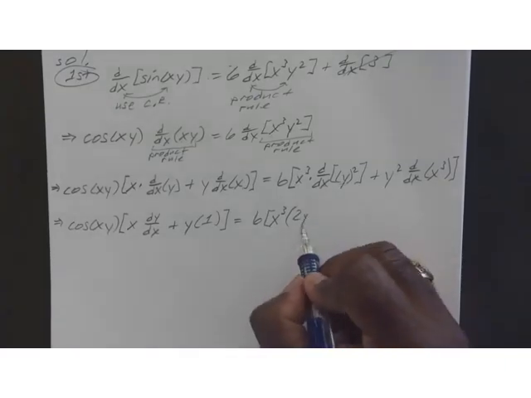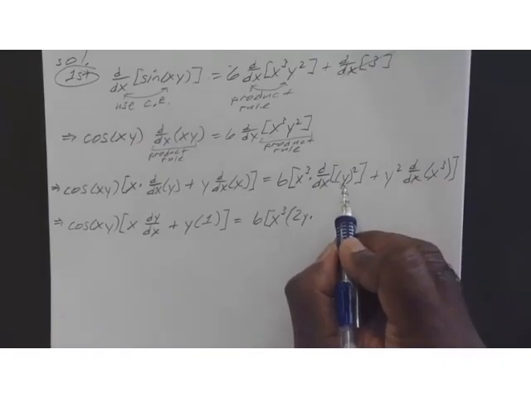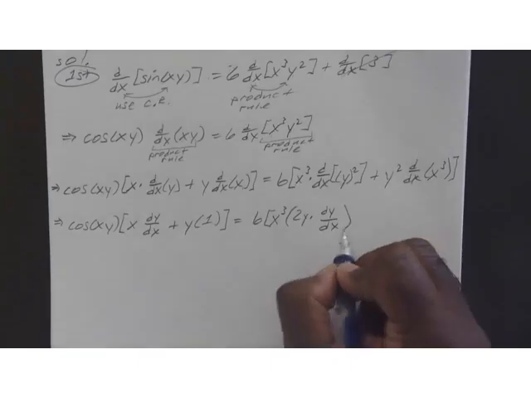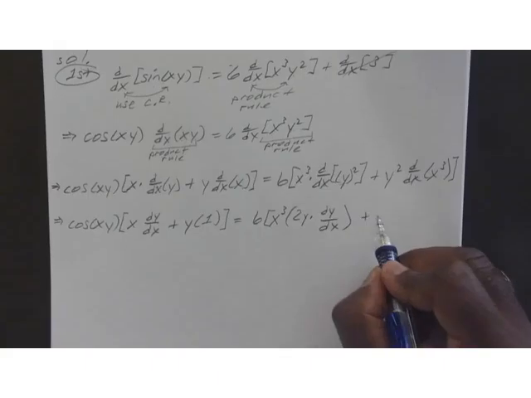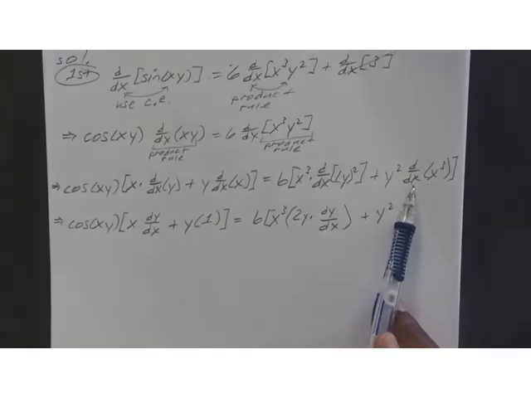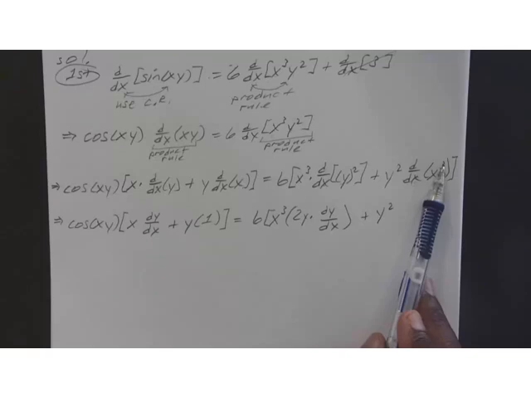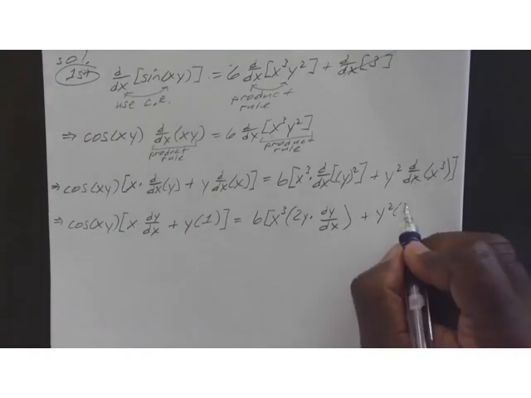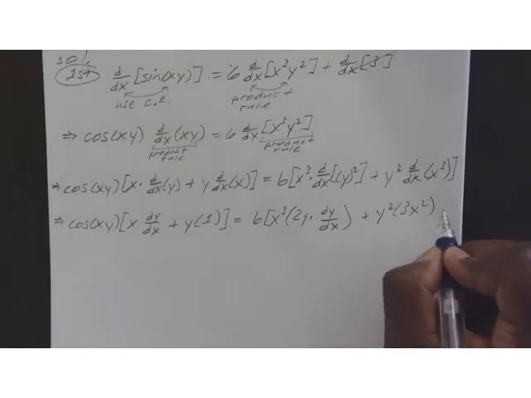So that's 2 times y times the derivative of what's inside, which is the derivative of y with respect to x. Plus y squared times the derivative of x to the third power with respect to x. Okay. Same independent variable, so we just use the power rule, which gives us 3x squared.